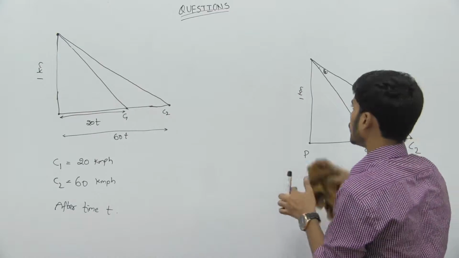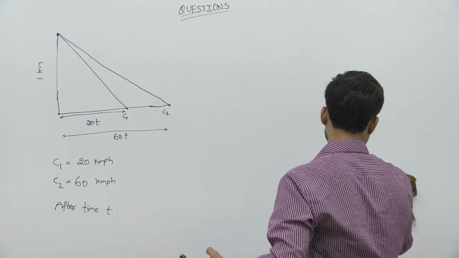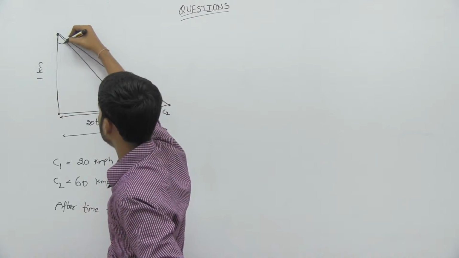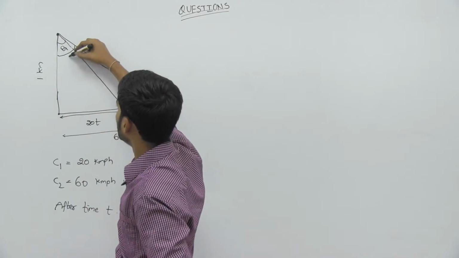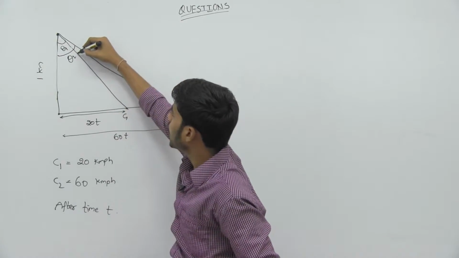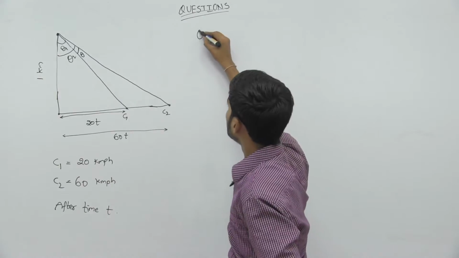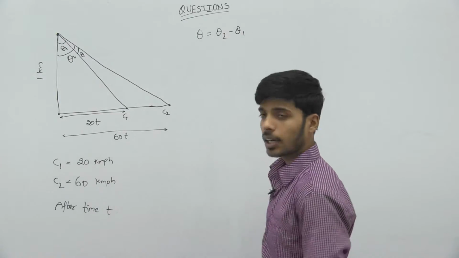I'll erase this side of the diagram. Now assume this to be theta 1 and this entire angle to be theta 2. So this small part left is theta. We can write theta equals theta 2 minus theta 1.